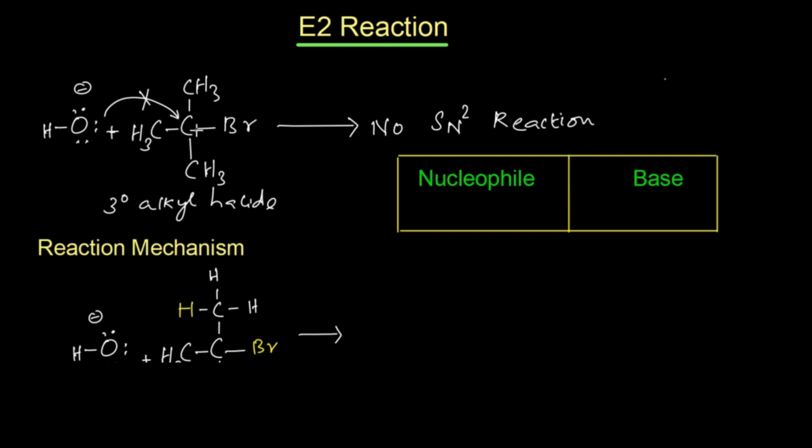This halogen-connected carbon, the alpha carbon, is sterically hindered. The nucleophile cannot attack this partially positive carbon. As a result, no SN2 reaction is observed, which we discussed in the factors affecting the rate of SN2 reaction.